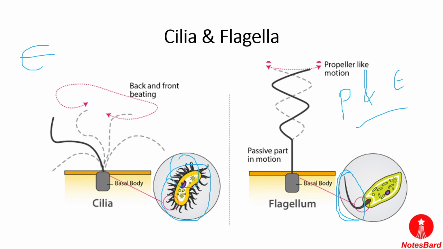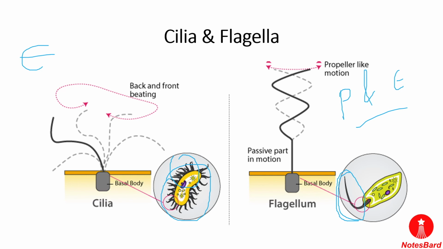The motion of cilia is rotational and very fast moving. But flagella have a rotatory movement in prokaryotes, while it is a bending movement in the case of eukaryotes. So both the movements are different in case of the cilia and the flagella.